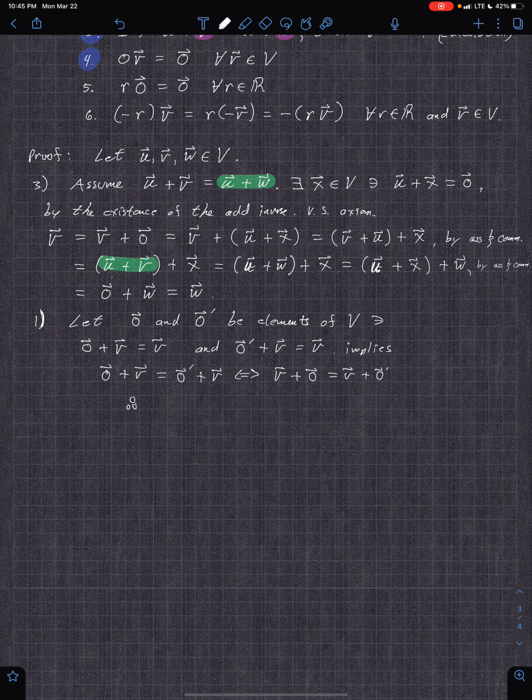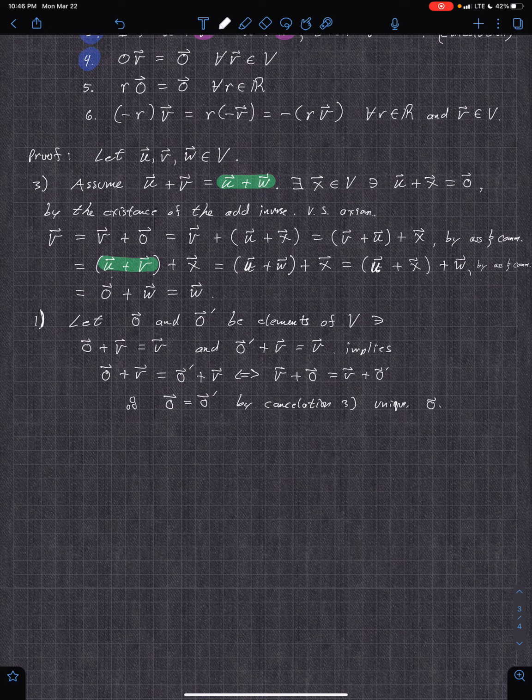So therefore, 0 equals 0 prime by cancellation. That's the cancellation property above, 3. So these have to be equal, and therefore it's unique. So we just call it 0, of course.